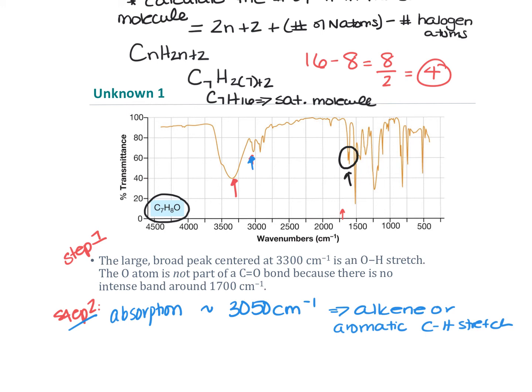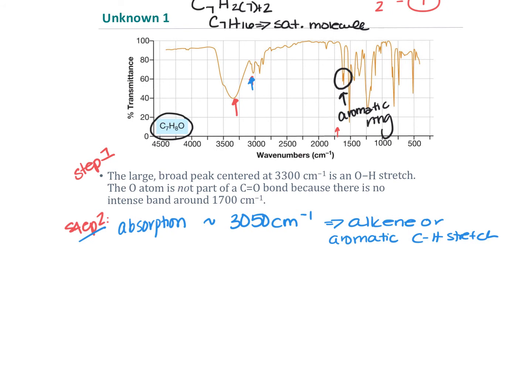So those are pretty indicative of an aromatic ring. Beyond that, that's really all you can get here. We have some sort of aromatic ring, with our IDH of 4, and an alcohol. That's it. So here's our information: it's aromatic, it has an IHD equal to 4, and we've got an alcohol group.